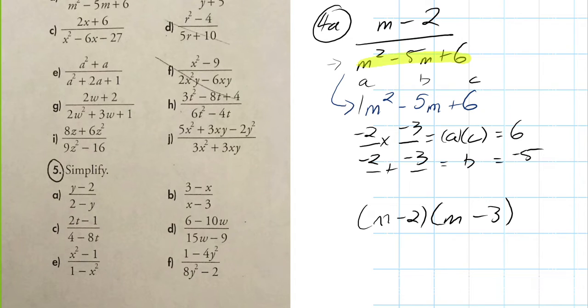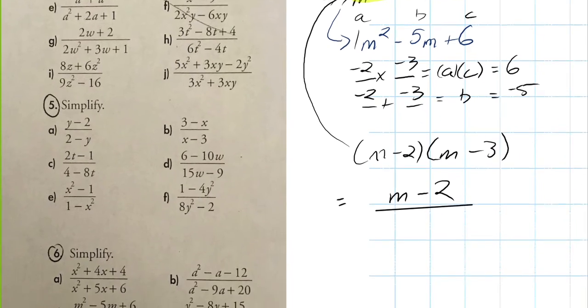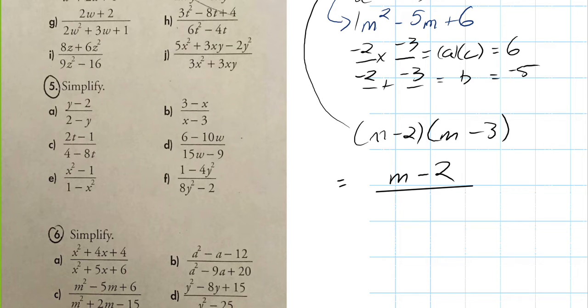So what we've done is we've now manipulated the denominator. So I'm going to rewrite this, okay? So rewrite this equation. It's originally m minus 2 divided by, okay, we'll move down the page a bit. We'll have m minus 2 and m minus 3.